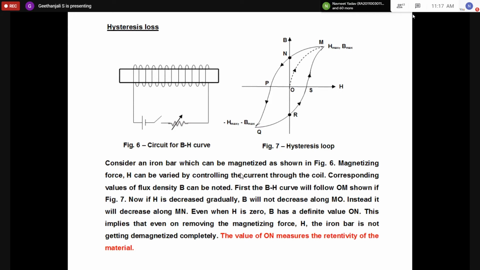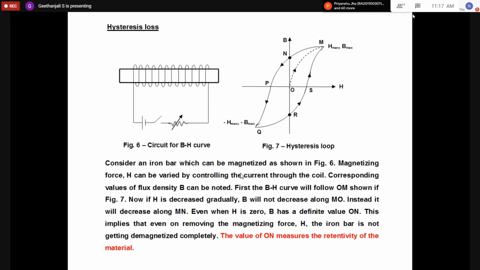When you close the switch, current flows in the coil, so it acts as a magnet and produces flux lines. When you switch off in figure 6, that means open circuit, no current flow. It will not produce any flux lines around it.